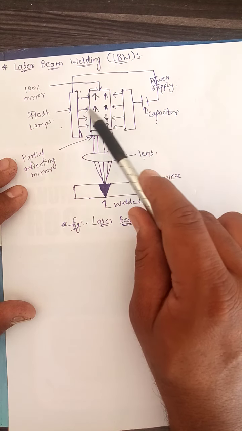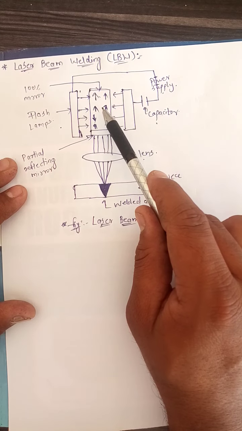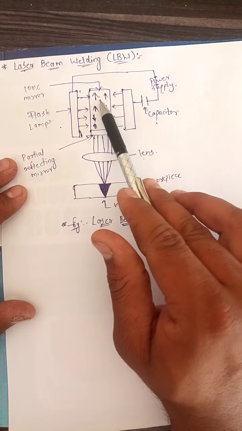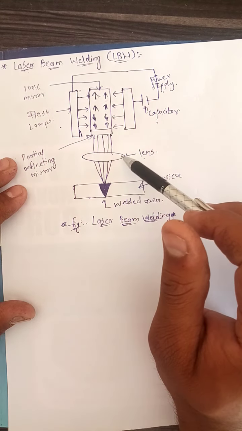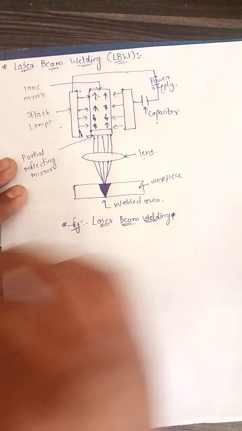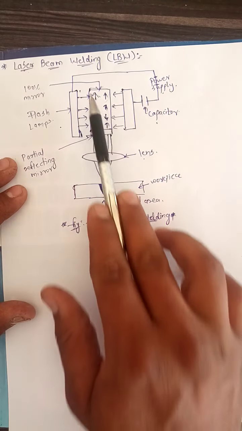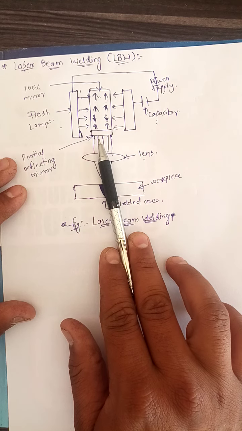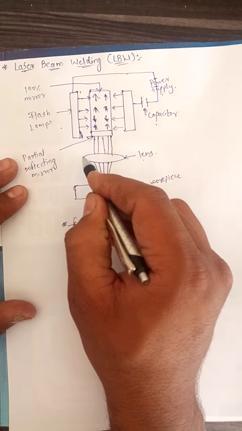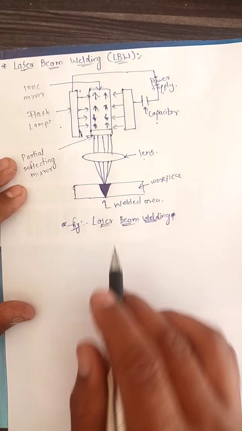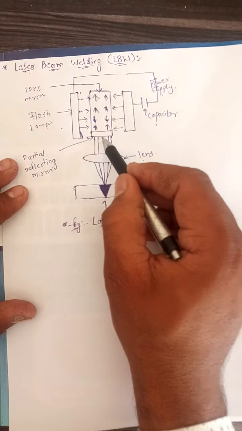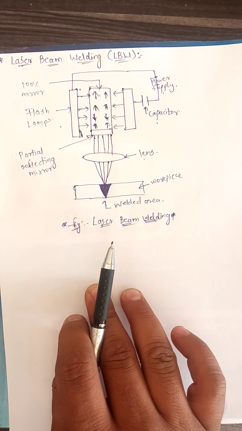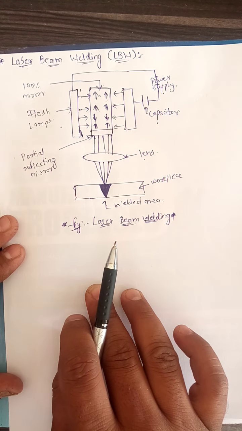Now see here, when the atoms and electrons coincide with each other, there are two mirrors which focus them, in terms of photons, onto the lens. By this coincidence we get a photon laser, and it comes to this lens. These are straight lasers which act on the lens.